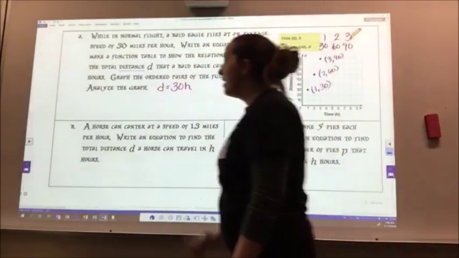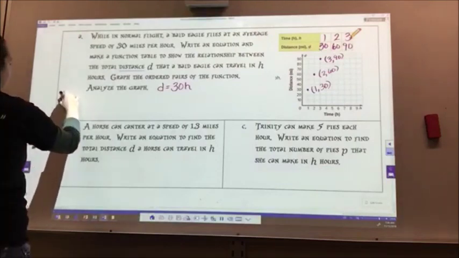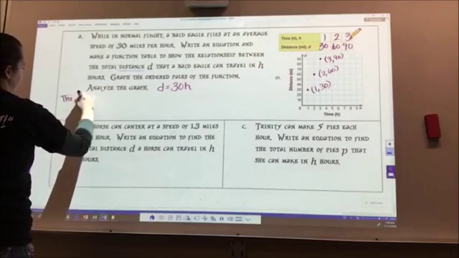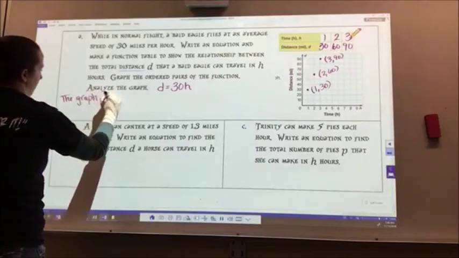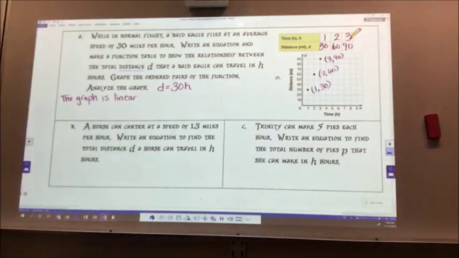And it wants me to analyze the graph. So what the graph means, we know that the graph is linear.